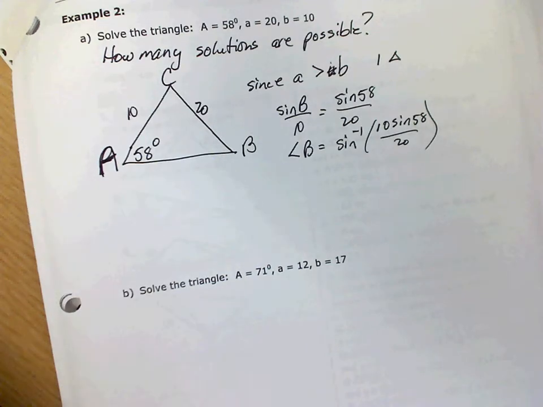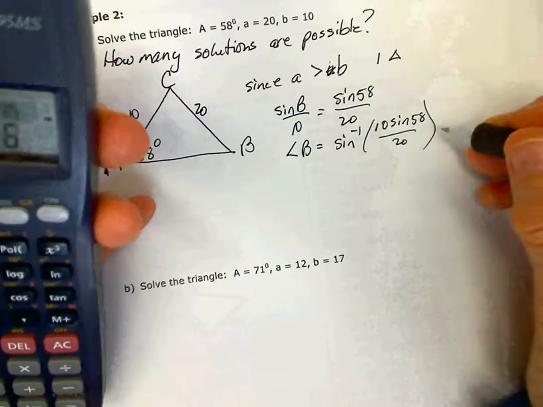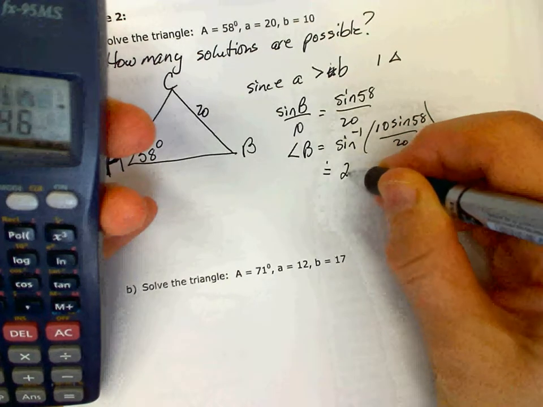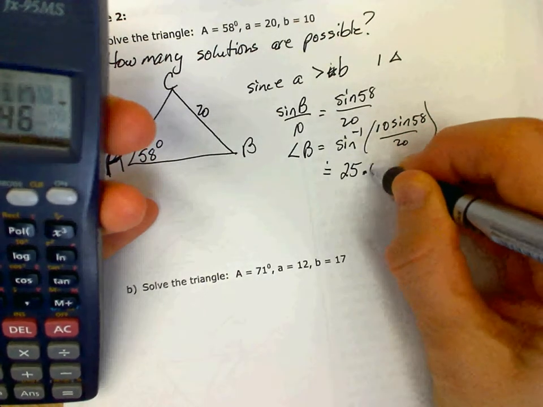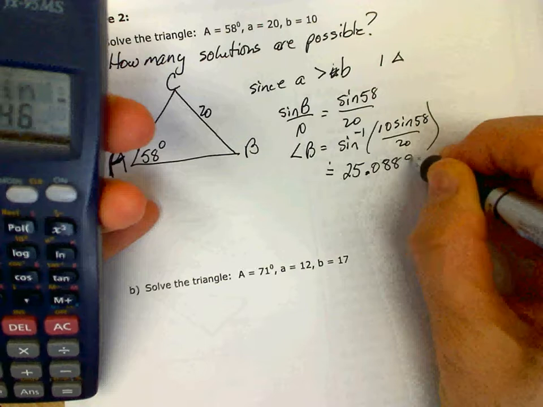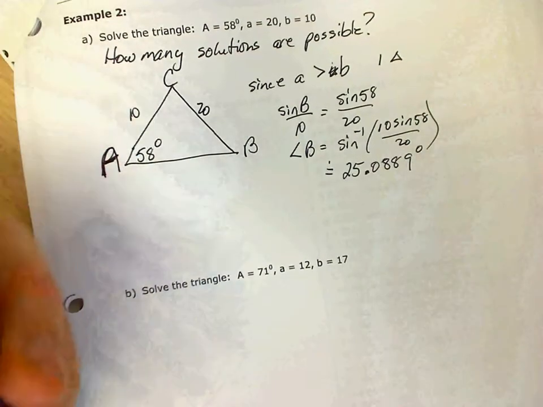I get approximately 25.0889. We'll just do 4 decimal places.